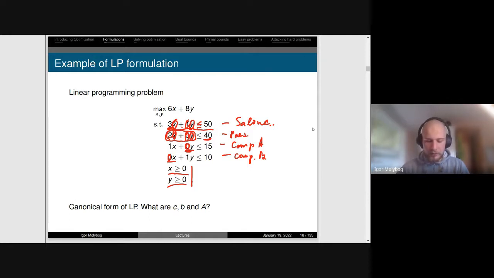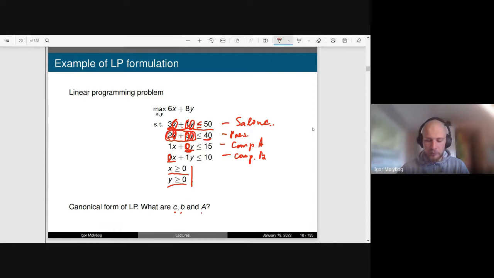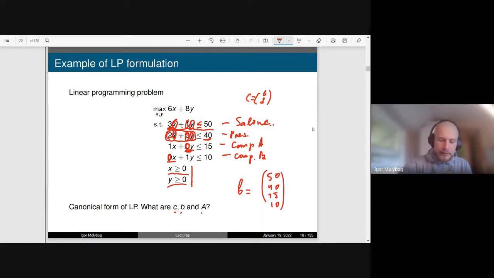We can note what exactly are the c, b, and A here. In particular, c here is the vector (6, 8). b here is the vector (50, 40, 15, 10), and the matrix A here is the matrix with rows (3, 1), (2, 3), (1, 0), (0, 1), right?